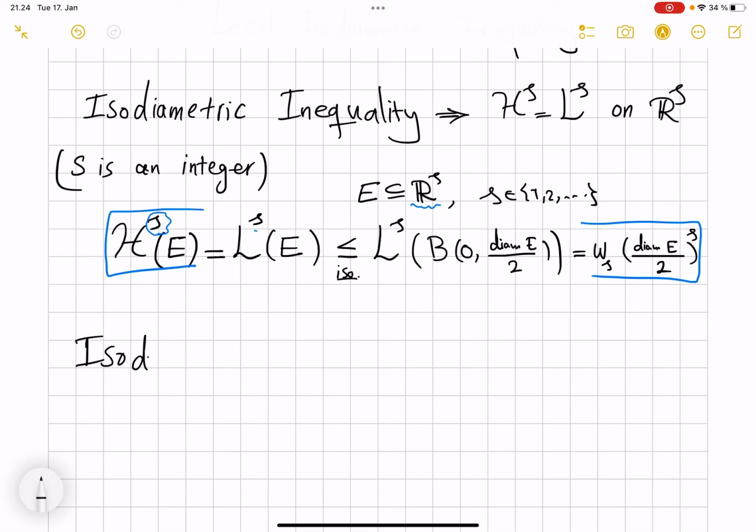So the isodiametric inequality in this blue boxed sense fails if E is sitting inside R^n, where n is strictly larger than s.